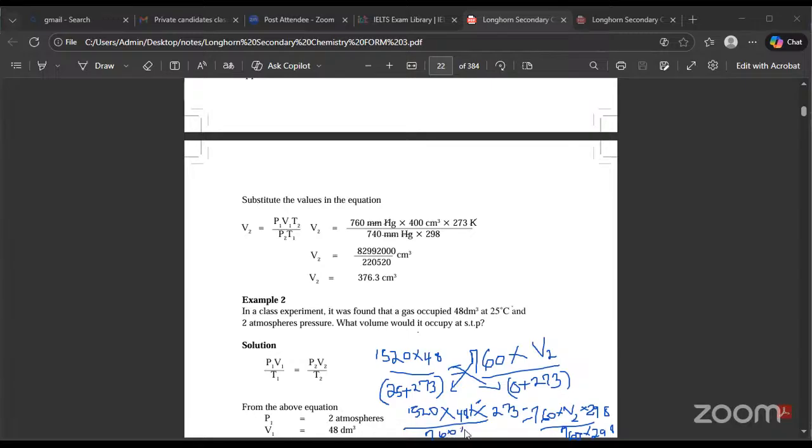And of course, the 298 and the 298 go away. I want you to see this: the 760 and 760 cancel, the 298 and 298 go away. So what remains is 1520 multiplied by 48 multiplied by 273 divided by 760 divided by 298. I hope you have understood what I just mentioned.